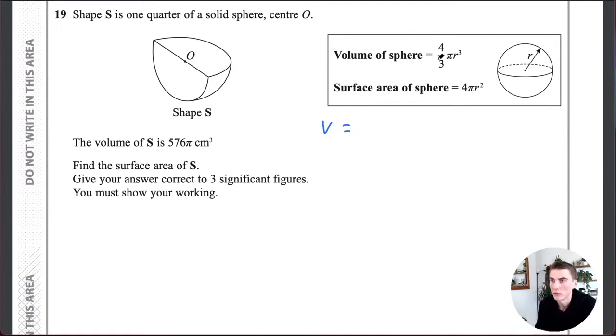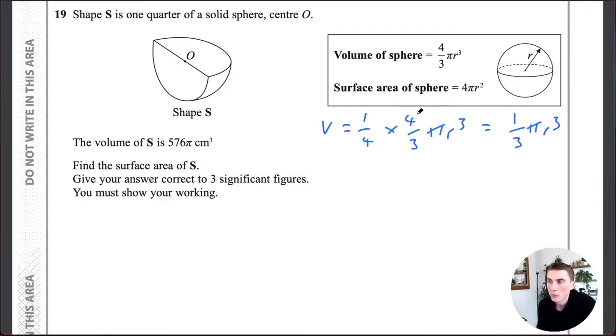We only have 1/4 of a sphere. So it's actually just going to be 1/4 of 4/3 pi r cubed, because we only have 1/4 of a sphere. If we times that across, it's basically just going to leave us with 1/3 pi r cubed. You can just put 1/4 times 4/3 in the calculator, and it will give you 1/3.